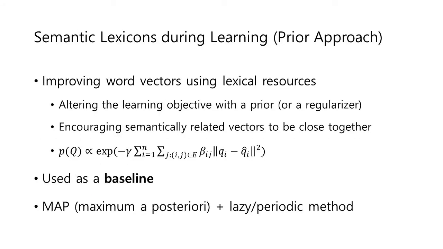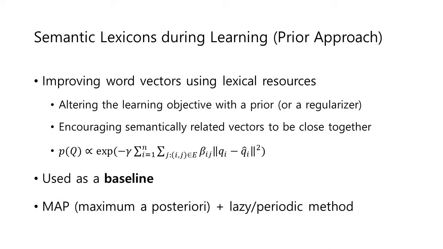Let me introduce the semantic lexicon during learning approach. This is the prior approach to improving word vectors using lexical resources like ontology. They alter the learning objective with a prior or a regularizer. Doing this encourages semantically related vectors to be close together.